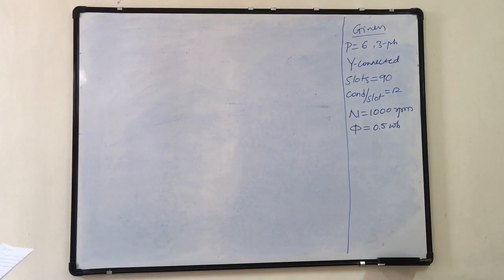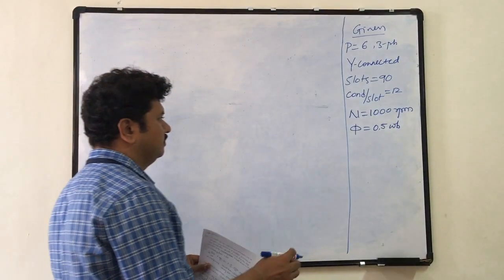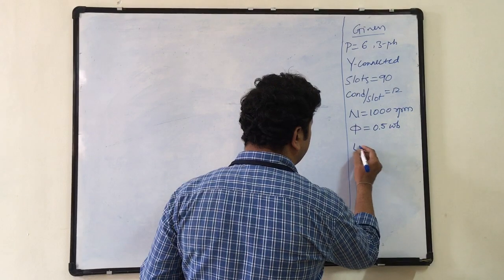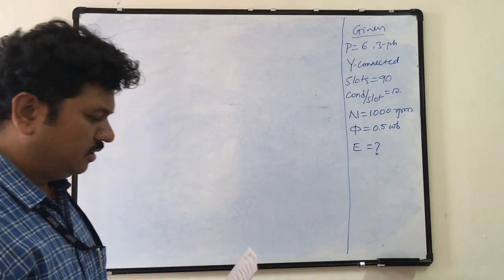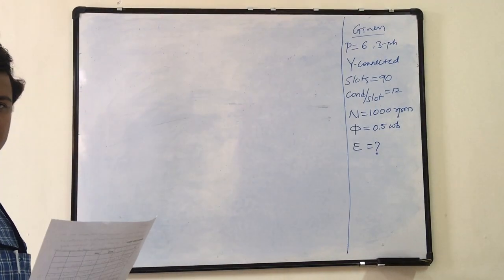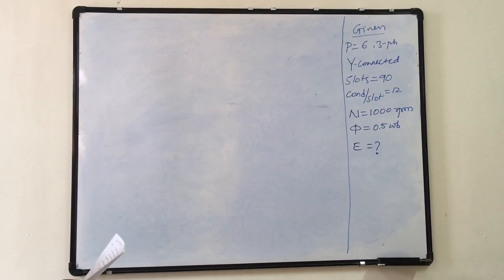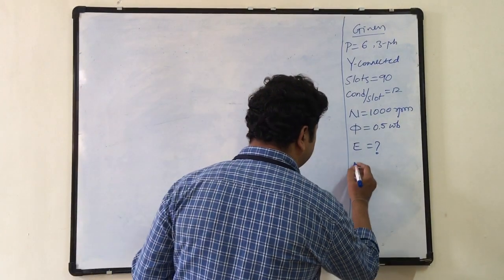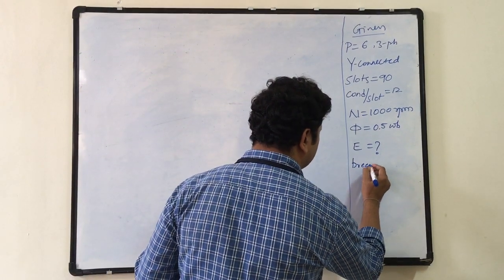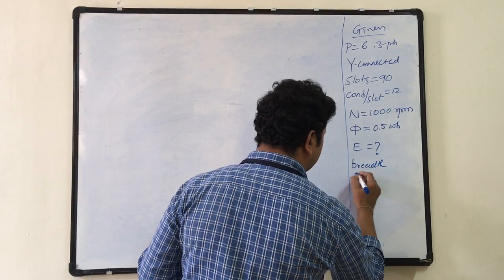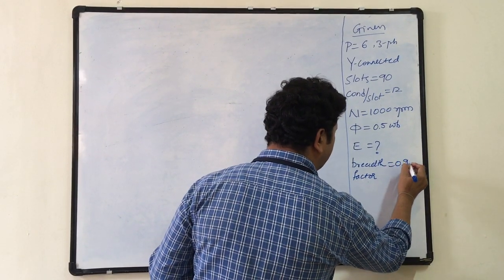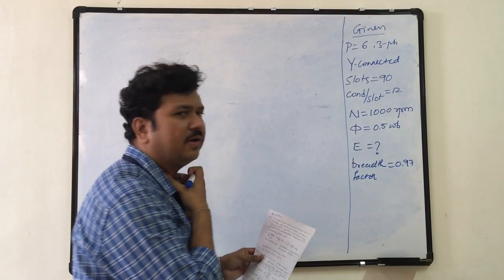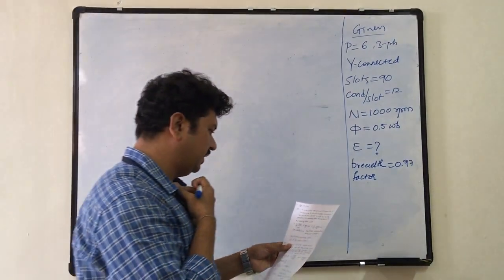So find the EMF generated, if breadth factor is 0.97 and chording factor is 0.98.